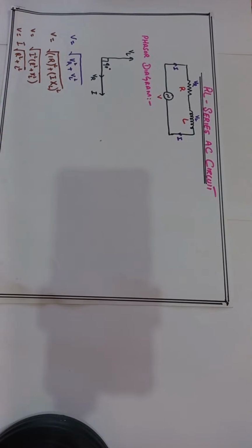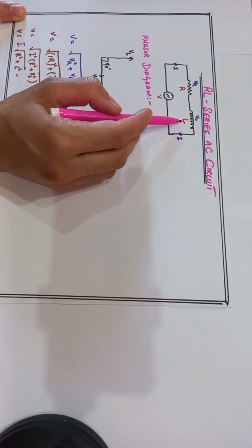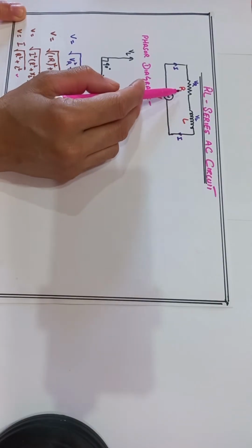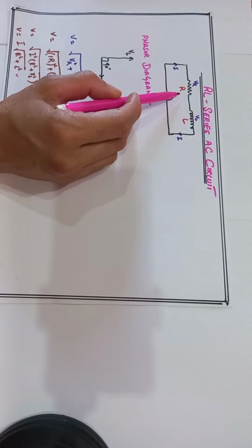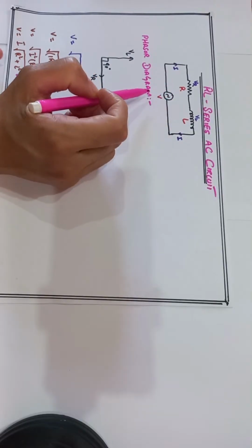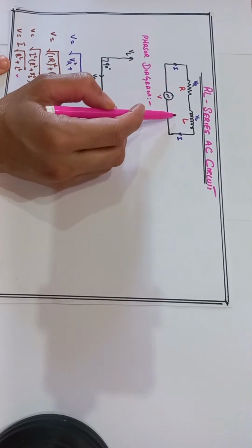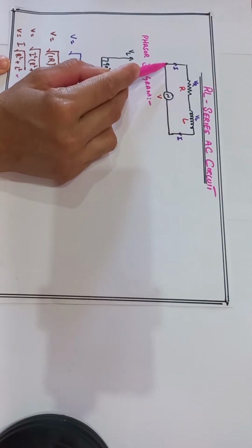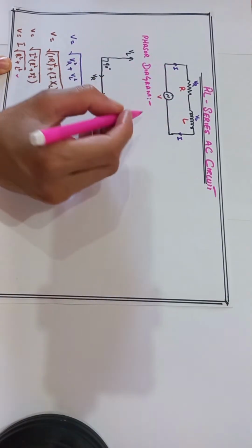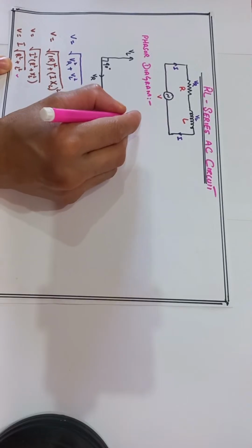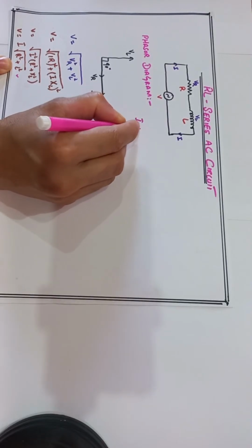Now this quantity, the square root of R square plus XL square, shows the combined resistance offered to the current flow. The inductor L also offers resistance to the current flow, and the resistor R also offers resistance. So we find the combined resistance to the flow of the current, which is called the impedance of the circuit.